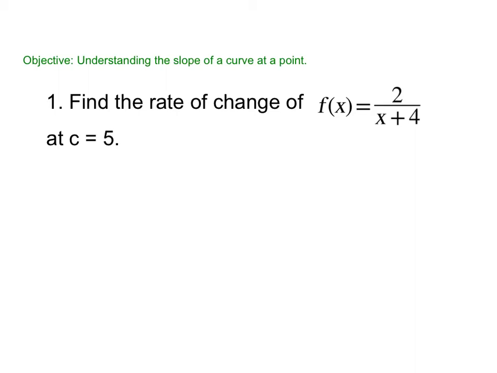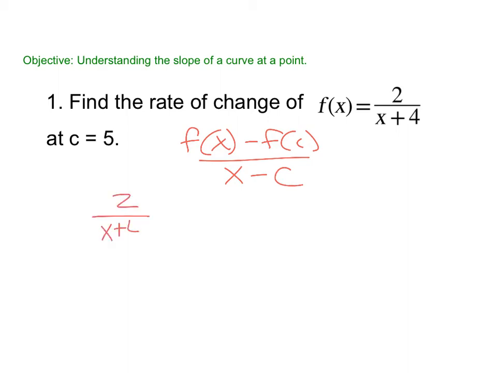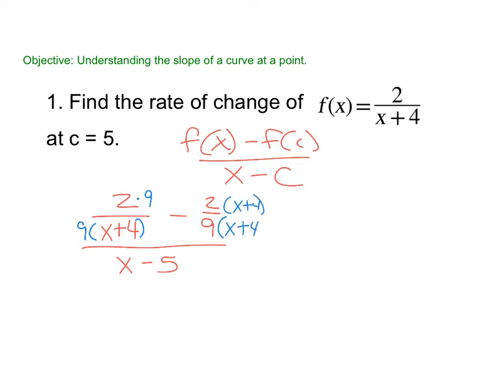All right, so let's find the rate of change. So we have f of x minus f of c all over x minus c. So let's see. We have 2 over x plus 4 minus f of c, plug in c, we get 2 over 9, all over x minus 5. And then we can rewrite that. I'm going to make a common denominator, so times 9 and times x plus 4.